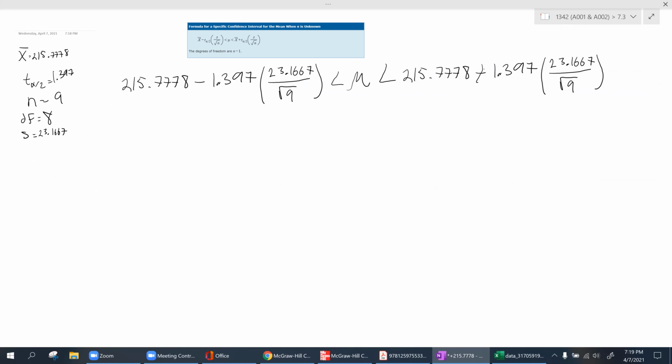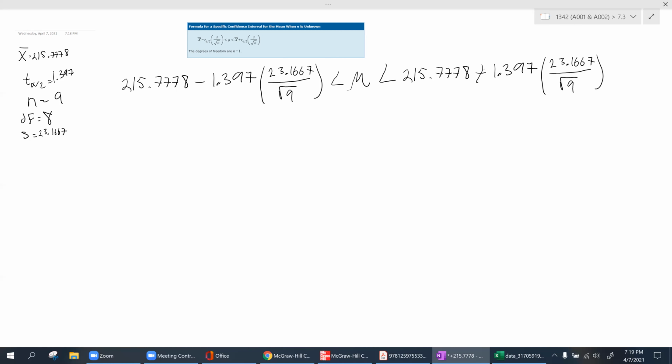Very nice. So let's find out what this ends up giving me. 215.7778 minus 1.397 times 23.1667 divided by root 9, which is 3.